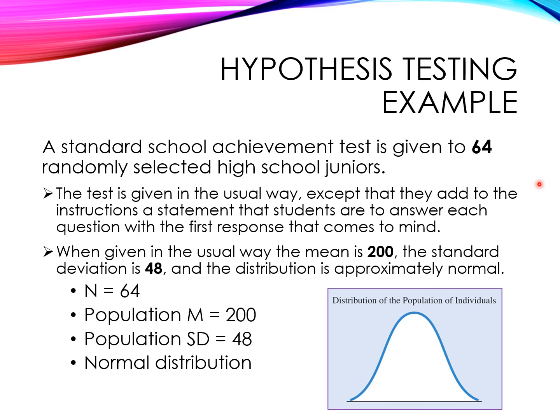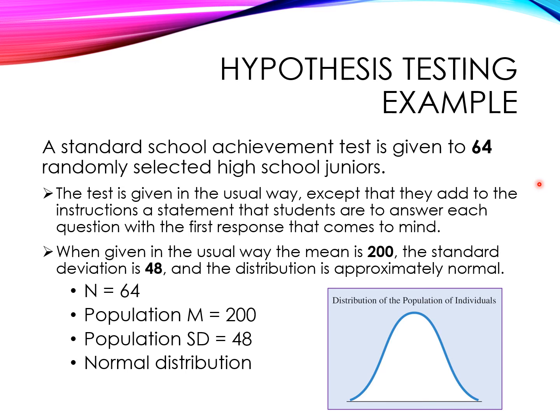So let's talk about a hypothesis testing example. Here we have another study. In this study, a standard school achievement test is given to 64 randomly selected high school juniors. The test is given in the usual way, except that they add to the instructions a statement that students are to answer each question with the first response that comes to mind.